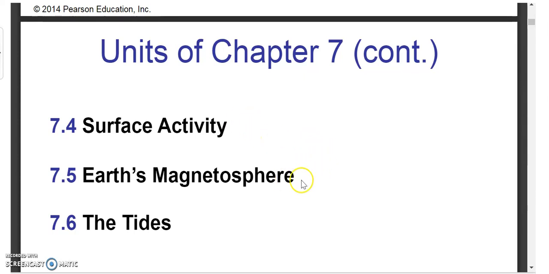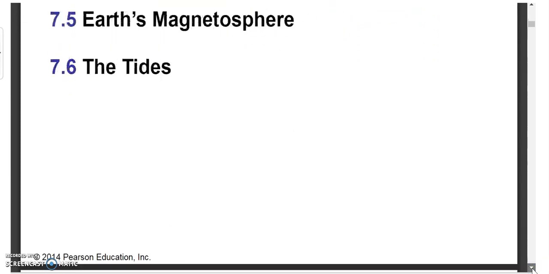The magnetosphere, which surrounds the Earth, is caused by the core of the Earth, the iron nickel core, moving at a different rate than the surface, and of course the tides.